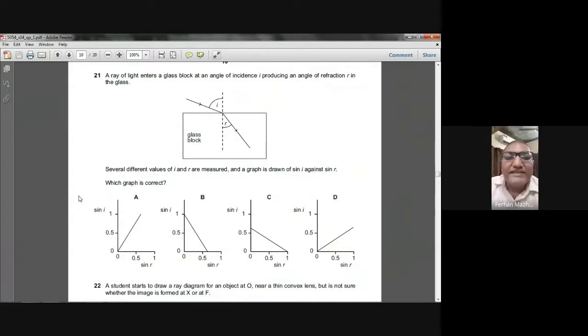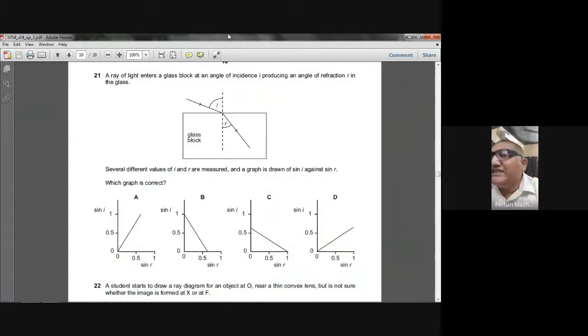So the slope of this graph is basically equal to the refractive index of the glass. The refractive index of the glass is approximately 1.4 to 1.5, and its value is positive. So I will choose that graph whose gradient is positive, and its value is roundabout 1.5.